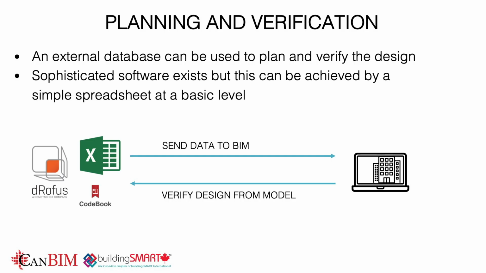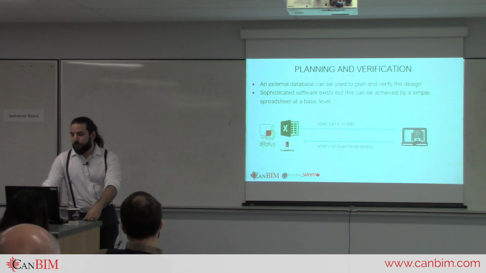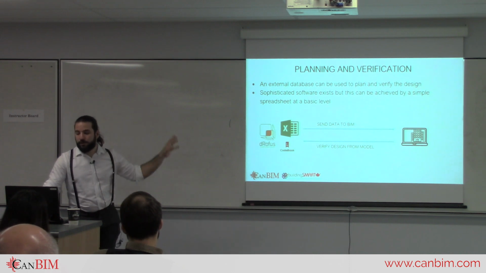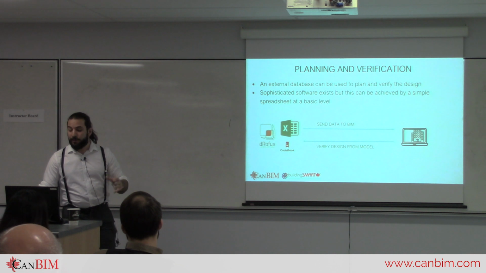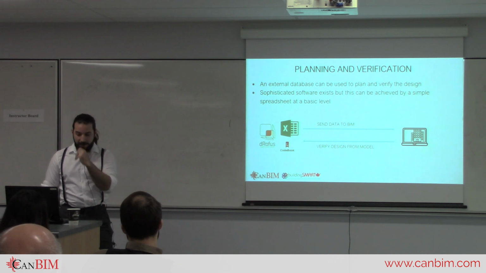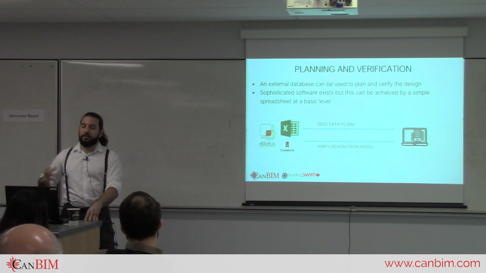Okay, so planning and verification. This is, I think, one of the really good quality control tools that we have at our disposal, and unfortunately it's being a bit underutilized right now. You could be using anything like Dalux or Codebook, or even a simple Excel spreadsheet to enter your data and then compare it with your model.